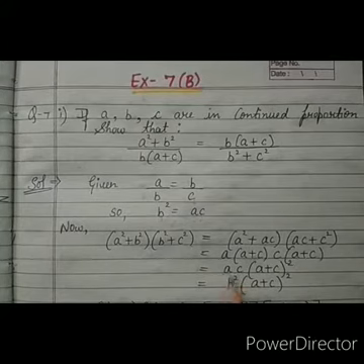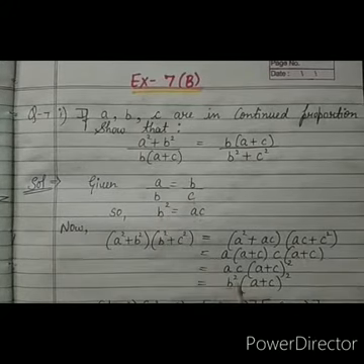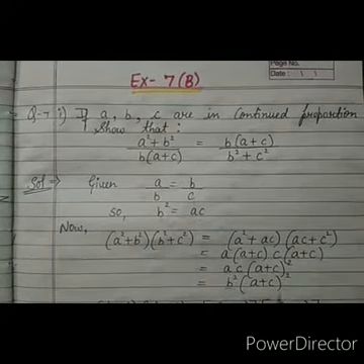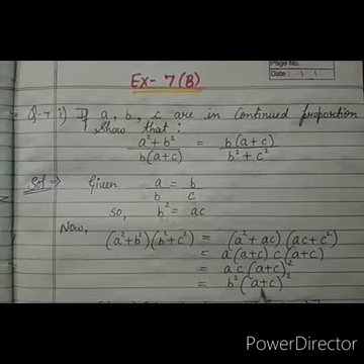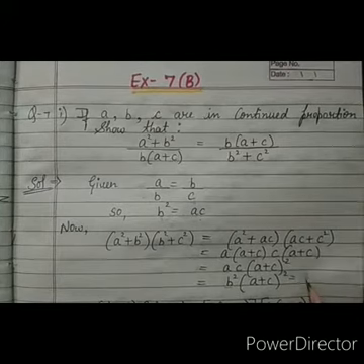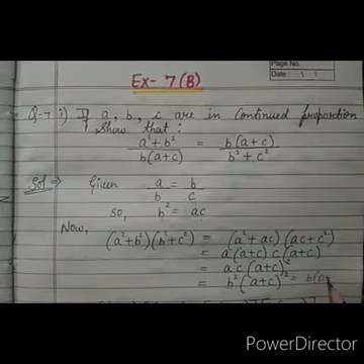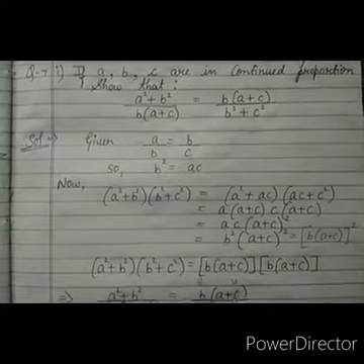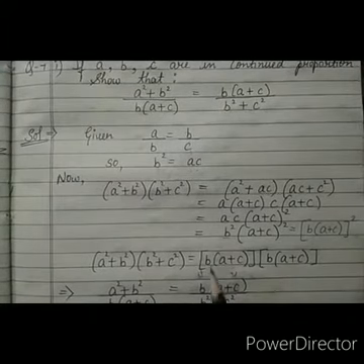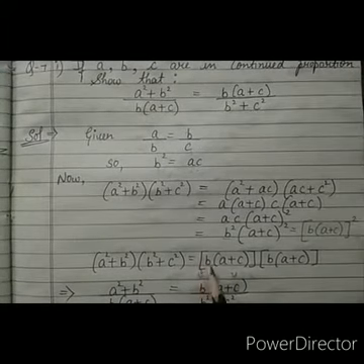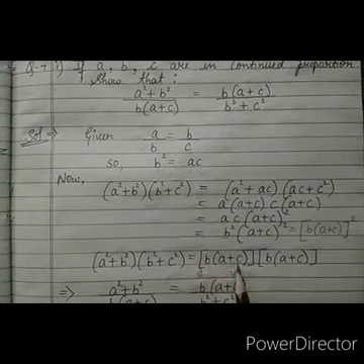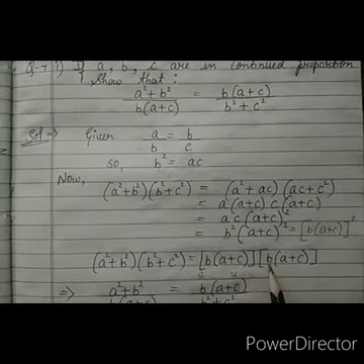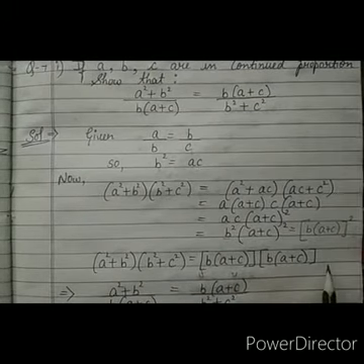Then here the value of AC is equal to B square, put it here. So it will be B square in the bracket (A plus C) whole square. So we can write it as [B (A plus C)] whole square. So when we factorize it, then it will be equal to, in one bracket we have B (A plus C) and in another bracket also we have B (A plus C).